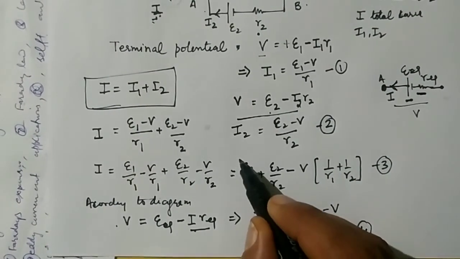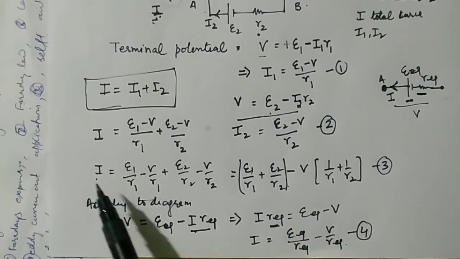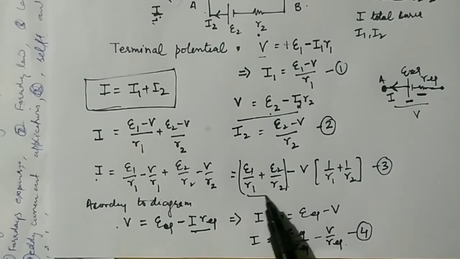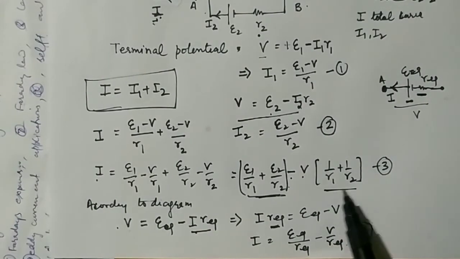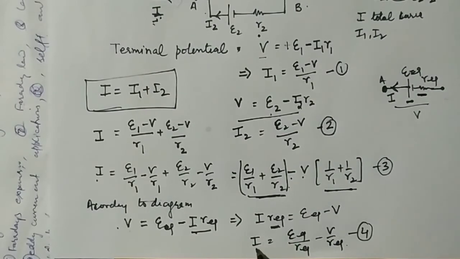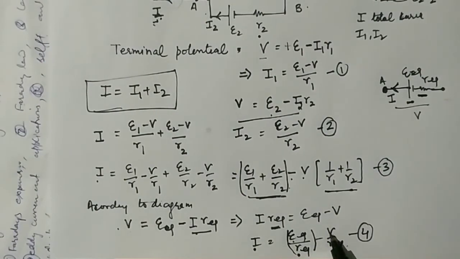Third and fourth equation. See here, I is equal to this term minus V times this term. Here the current is equal to E equivalent divided by R equivalent, this term, minus V times this term.